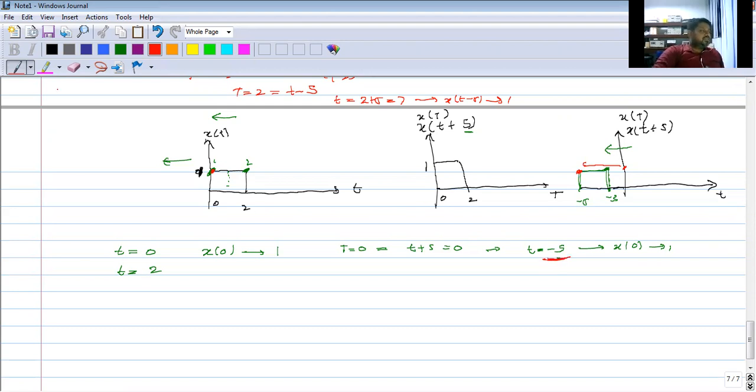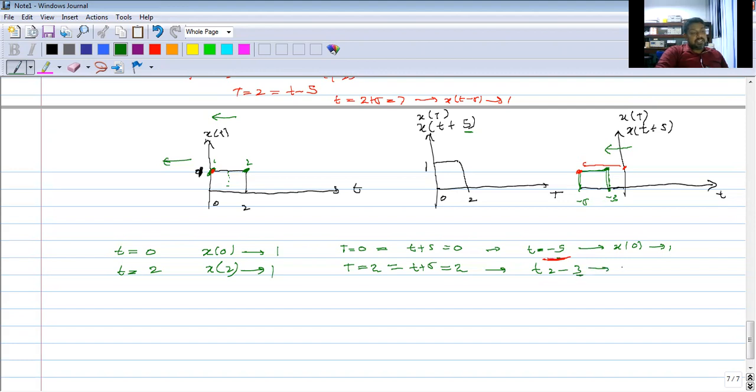In the same manner, you can calculate this, t equal to 2. Here x(2) is also equal to 1. If capital T is equal to 2, what happened? t+5 will be equal to 2. Then if we calculate t, 2 minus 5, you will get minus 3.